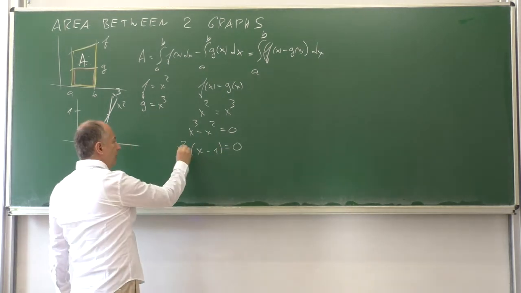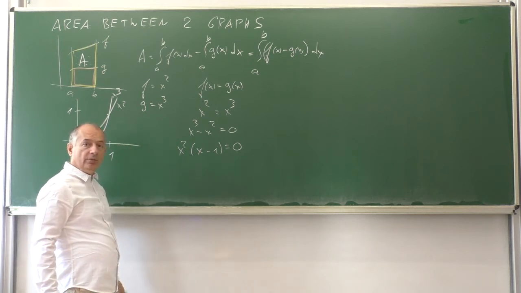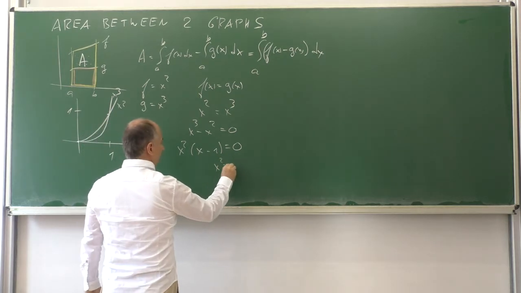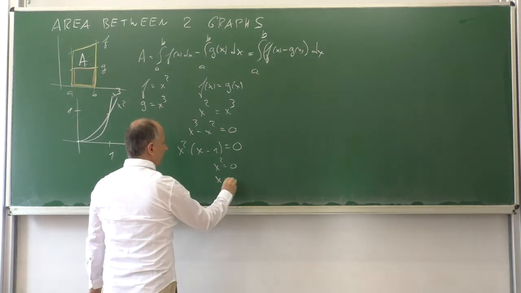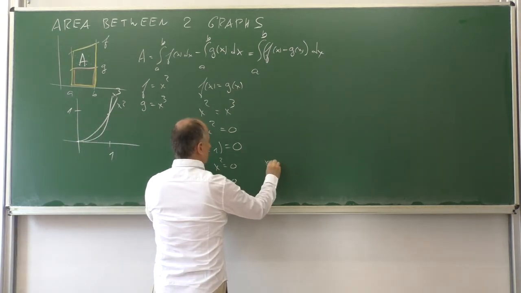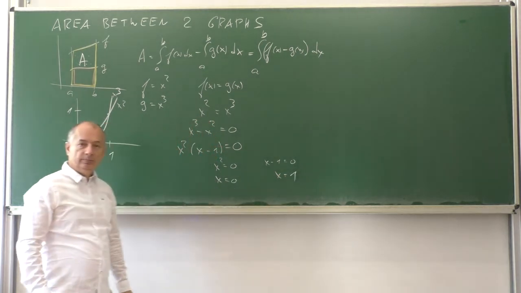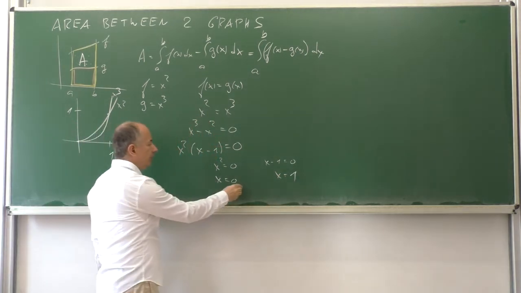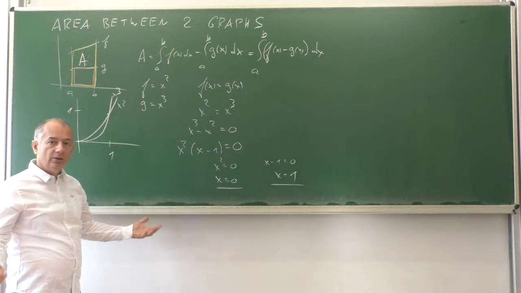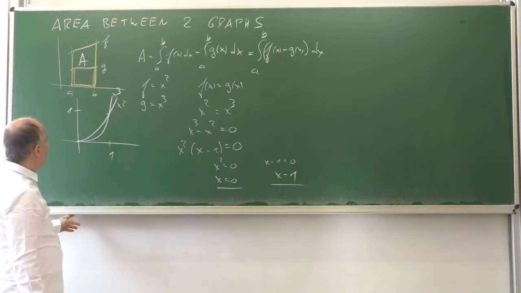And now, product is equal to 0 if at least one of them is equal to 0. So first, if x squared is 0, then x is 0, or if the bracket x minus 1 is 0, that means x is 1. And this is the complete set of solutions of this equation, and this is the complete set of intersections of these two curves.